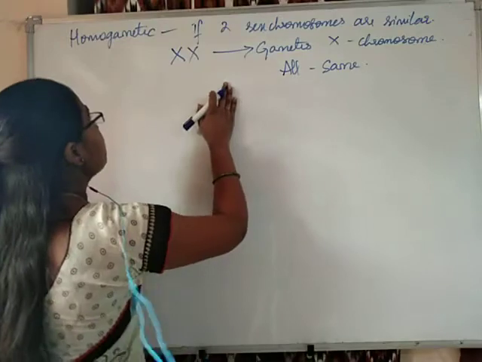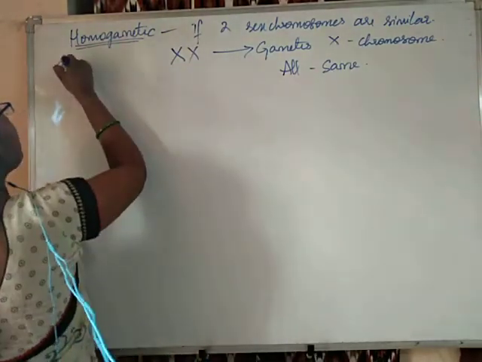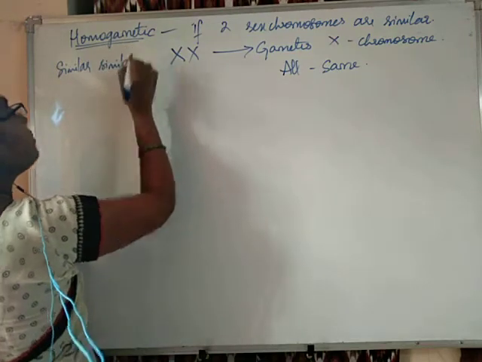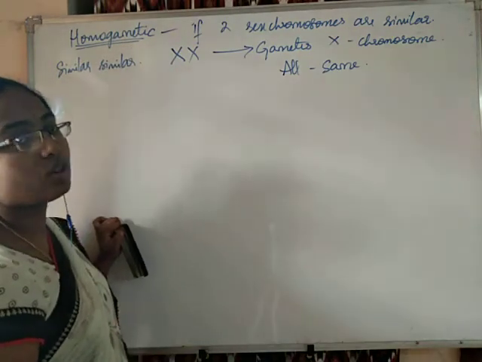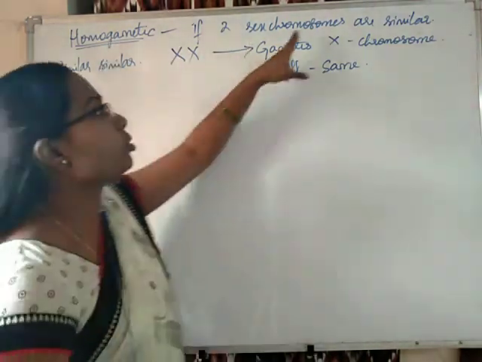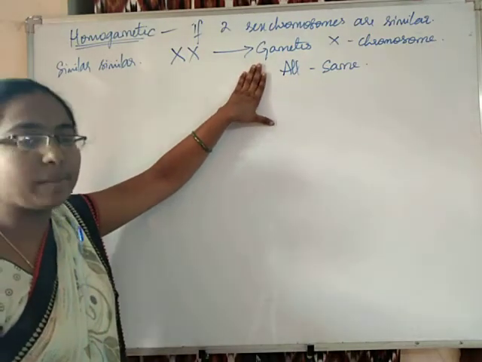So such a condition is said to be homogametic. That means they produce similar gametes. All the gametes are similar. Homogametic means if the two sex chromosomes are similar, then all the gametes will contain the same type of sex chromosome.